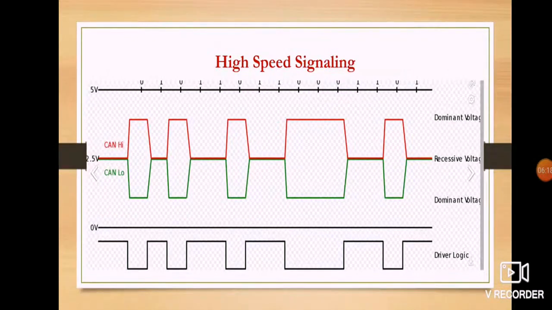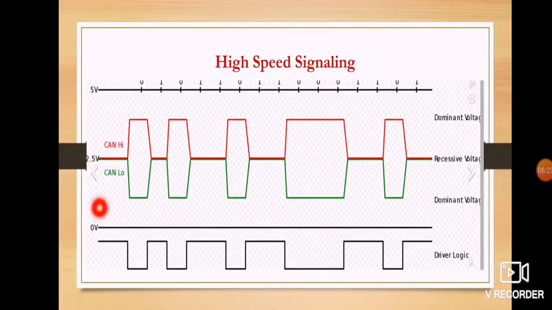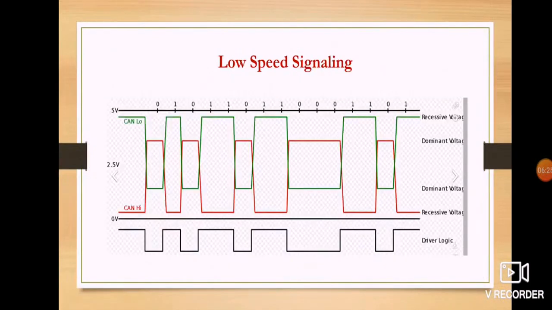So that is the main difference between high speed CAN and low speed CAN. Both are 0 to 5 volt, but in low speed the data transmission will always be late, because the low speed CAN is not required to be that fast.